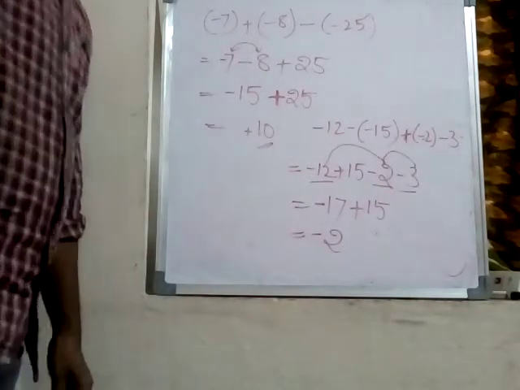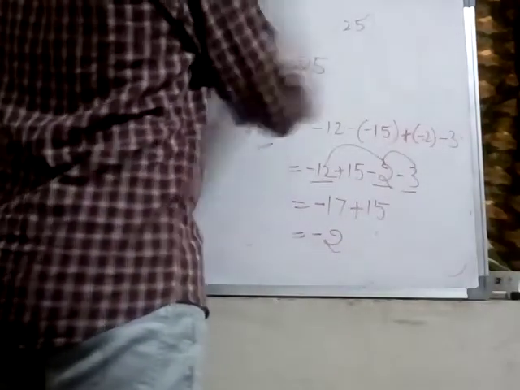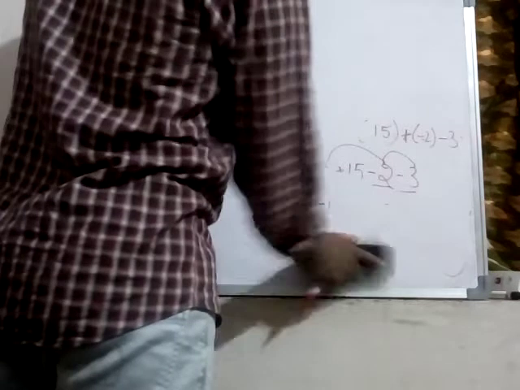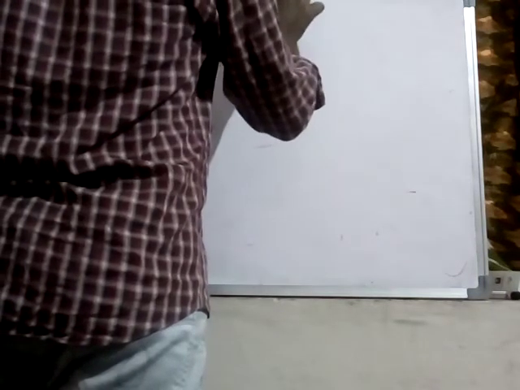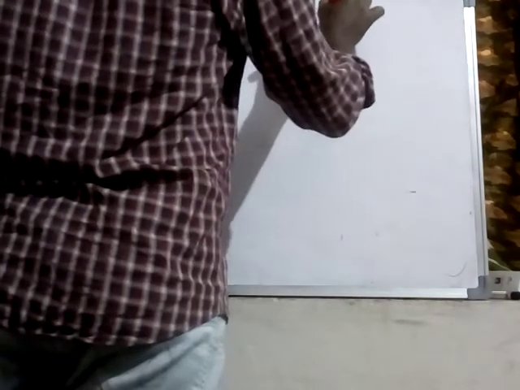One more problem I will explain. Minus 4 plus of minus 8 plus of minus 8 plus of minus 20 plus 25.